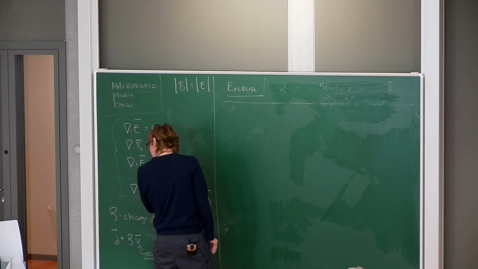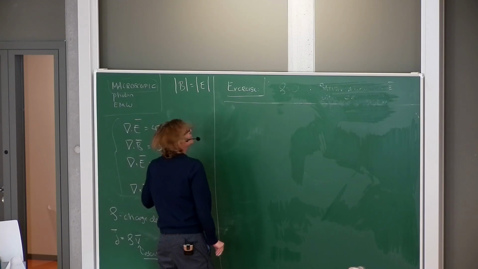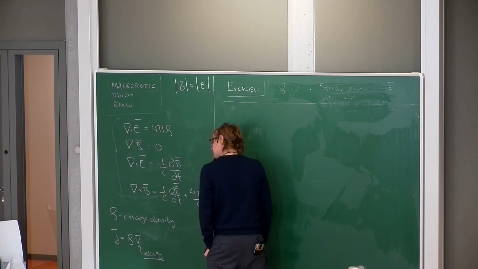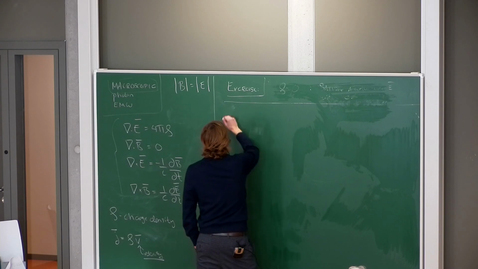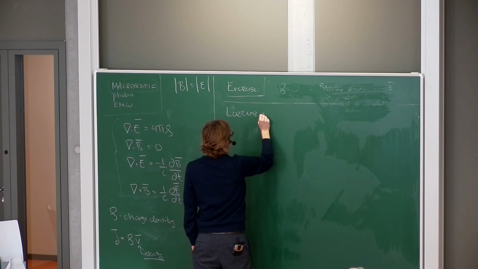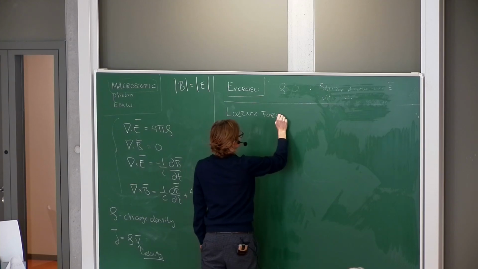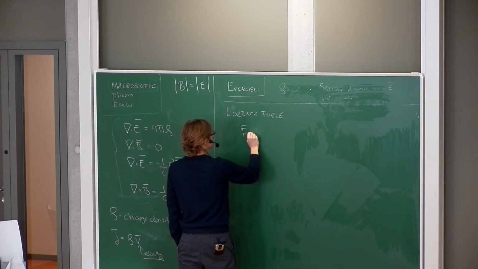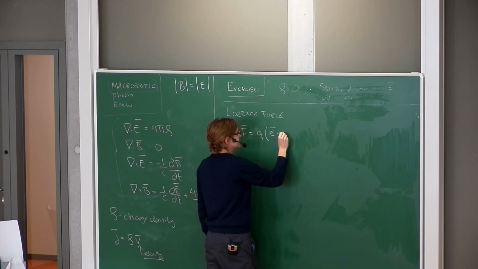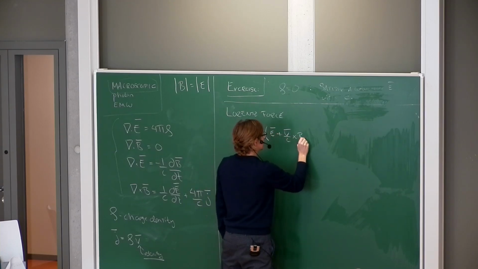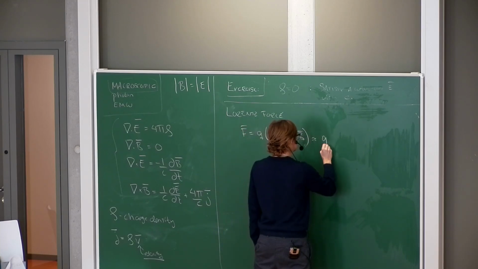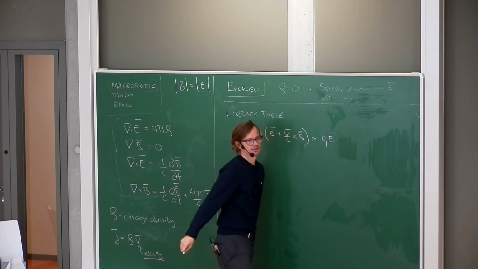Now, we will go ahead and consider a few other things. For that, we have to introduce the Lorentz force as well. The Lorentz force is just q times E plus v over c cross B. And we're going to write this in this chapter as qE.